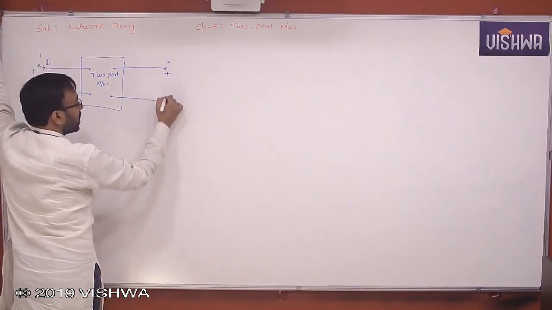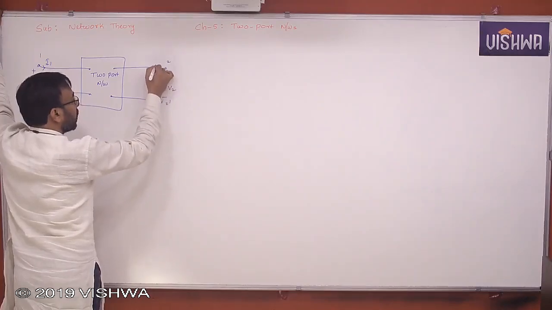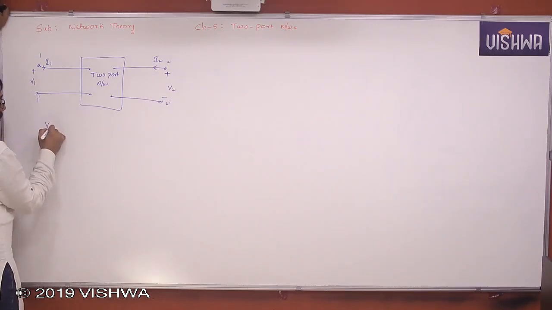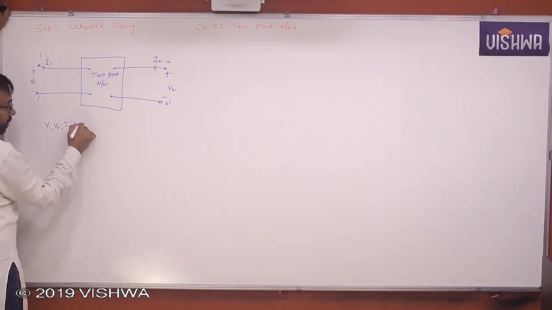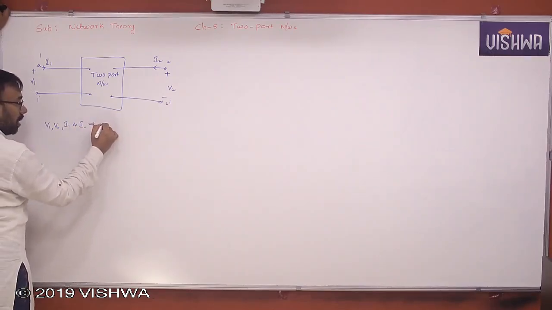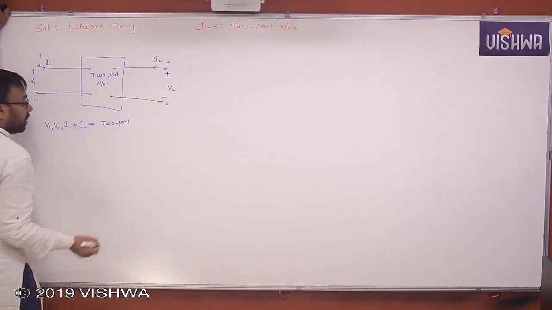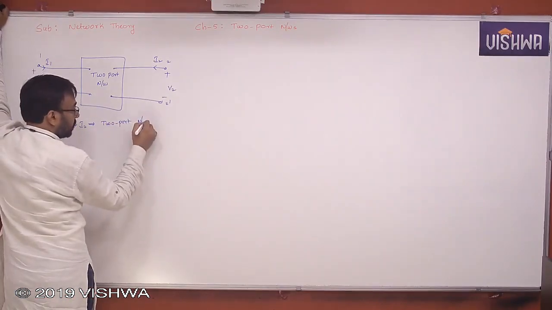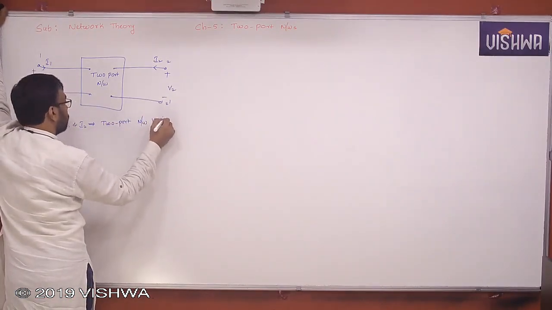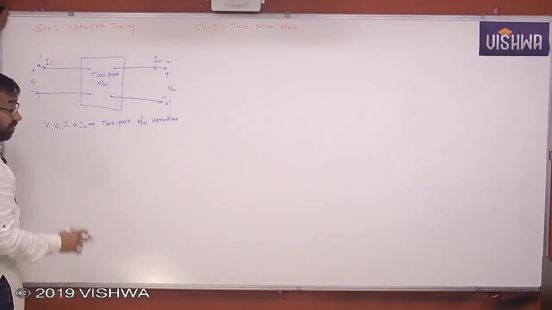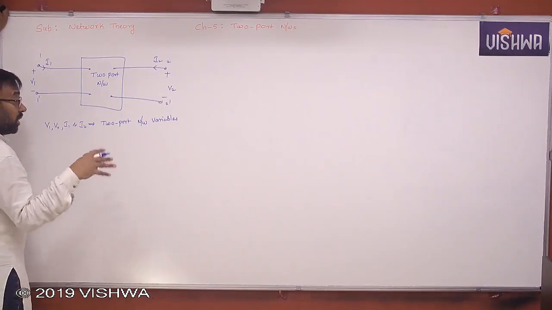The voltage here is V2 and this is I2. V1, V2, I1 and I2 are called two-port network variables. Understand, all of you, okay? We call them what? Two-port network variables.